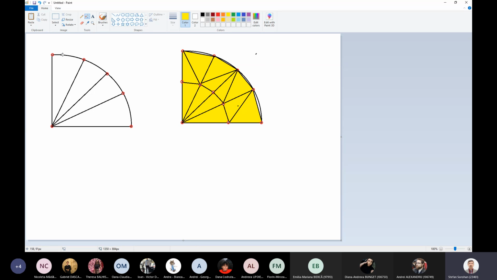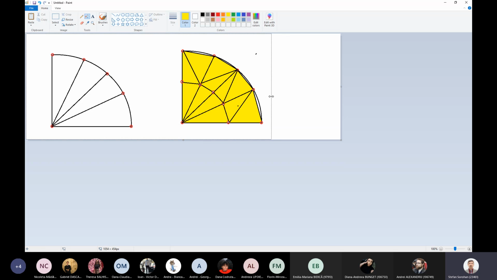I will omit building this one again. I just want to show you something like that. So this is the best, as the second. Oh, sorry, I need some straight lines here.